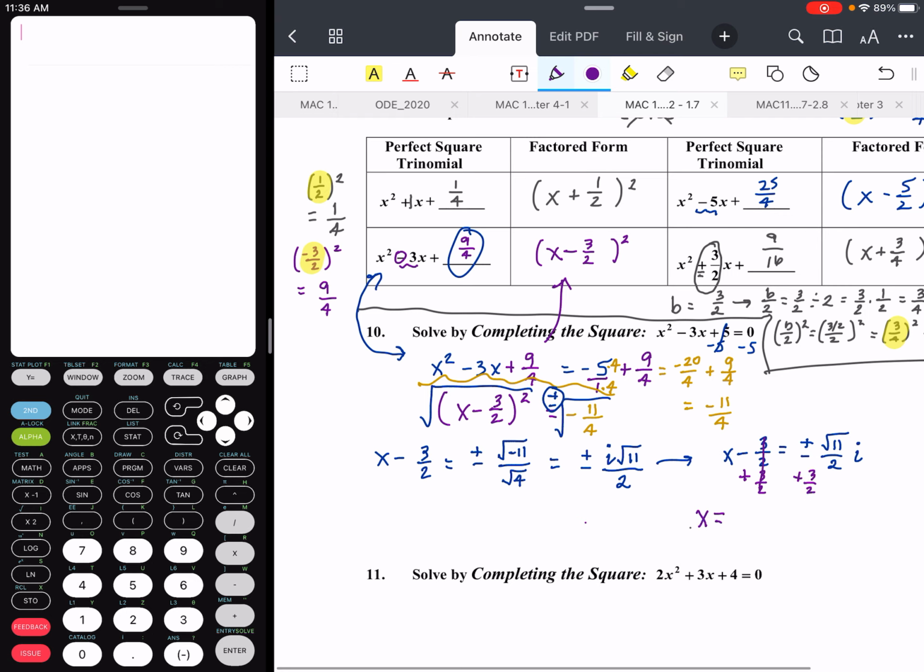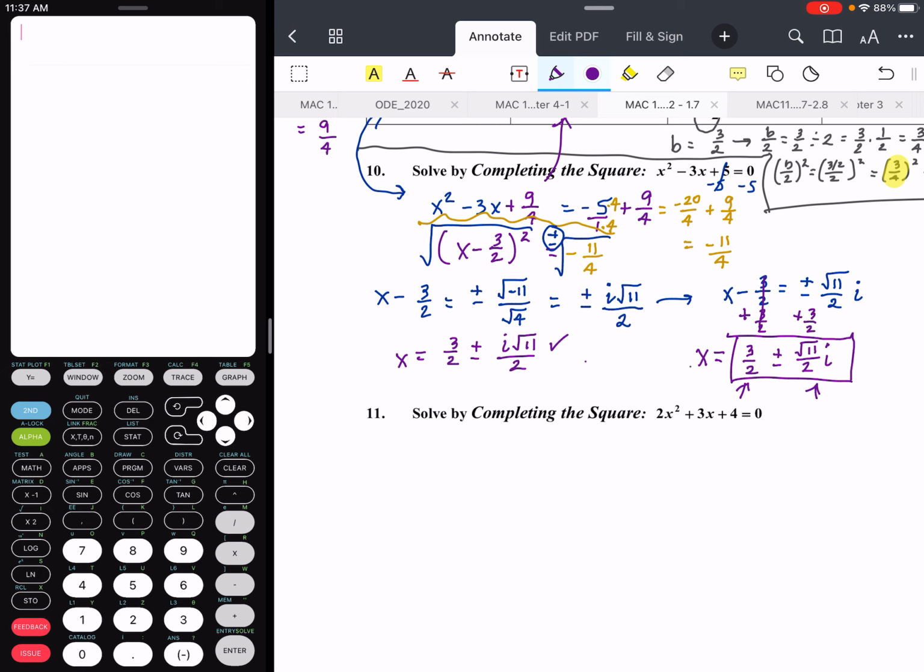So x equals 3/2 plus or minus √11 over 2, and then my i out front. This is my real part, this is my imaginary part. And by the way, it's also fine if you write your solution as x equals 3/2 plus or minus, and then you could keep that i up top, i√11 over 2, that'd be fine as well. Okay.